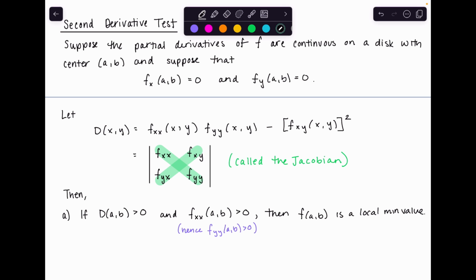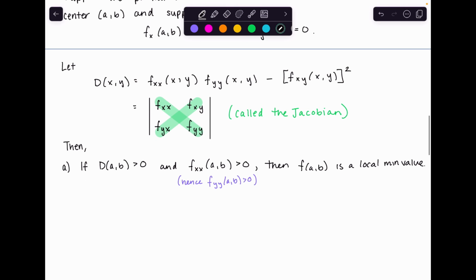Okay. If the opposite happens, if this thing overall is positive and the partial with respect to x twice at that point is negative, immediately again they have to match in sign. That would tell you the partial with respect to y twice also is negative to make this piece positive.